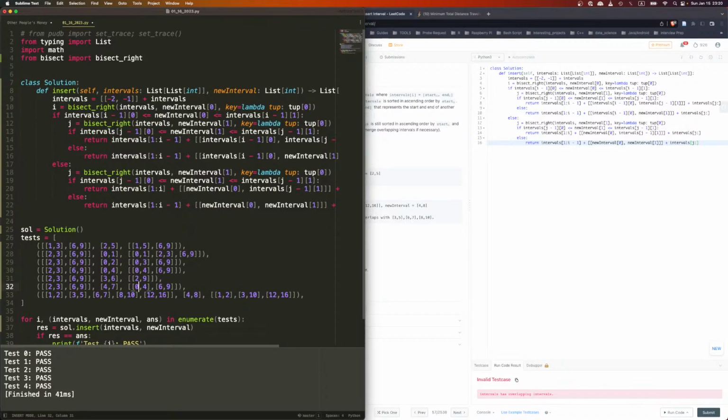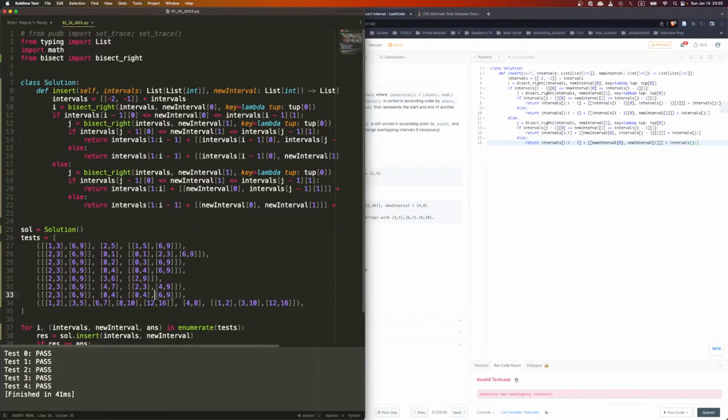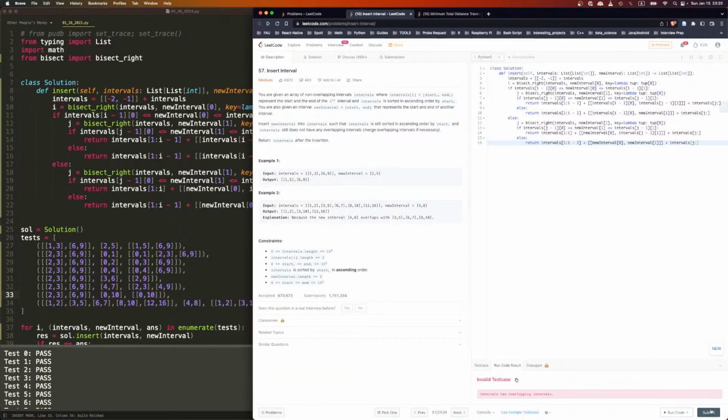For 7, it shall be 2, 3, and 4, 9. How about we do 0, 10? The result should be 0, 10. Yep. Looks good to me. Try this.